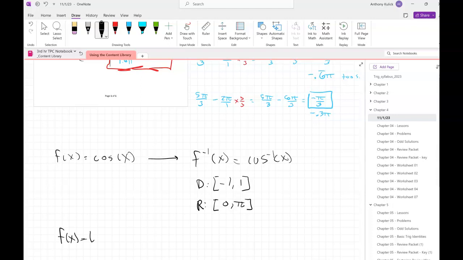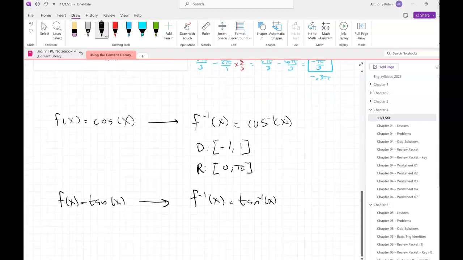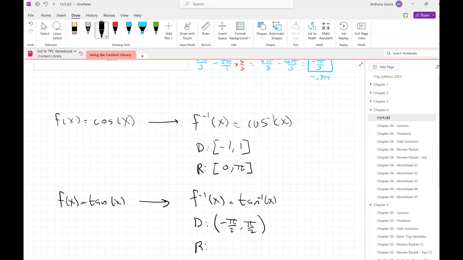And if we have tangent, the inverse there is going to be tan inverse. The domain for this is going to be all real numbers, excuse me. And the range is going to be -pi/2 to +pi/2.